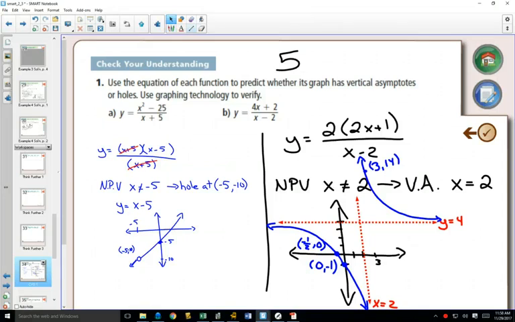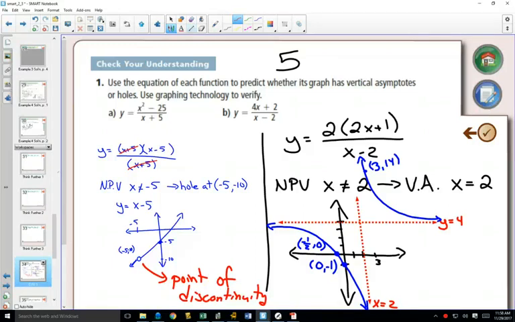I also wanted to say that another name for hole, write this down. It's a little bit longer to write. A point of discontinuity.